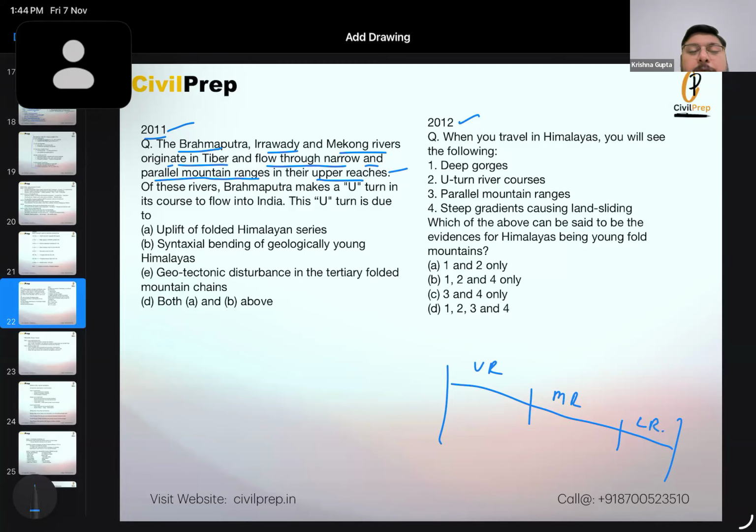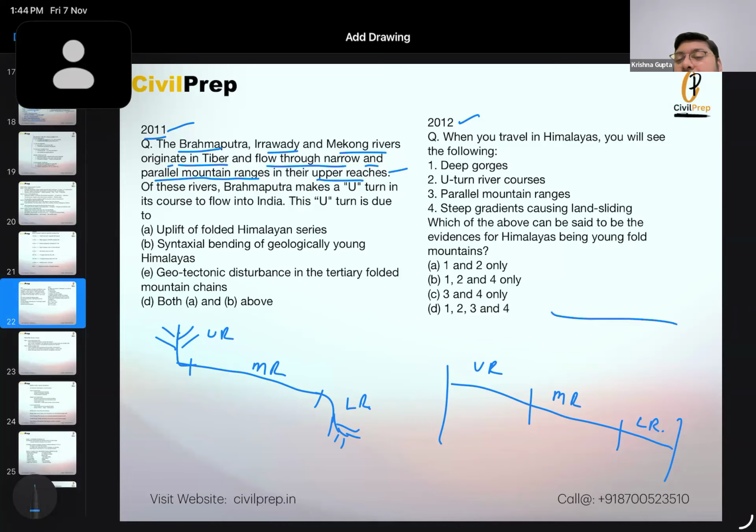For example, if we look at a river like Ganga, under the Ganga we have the formation of the river. So this is the upper reaches. Then we have the middle reaches, that is over the Indo-Gangetic Valley. Then towards the lower reaches, it is present near the West Bengal and Bangladesh region. So this defines its course.